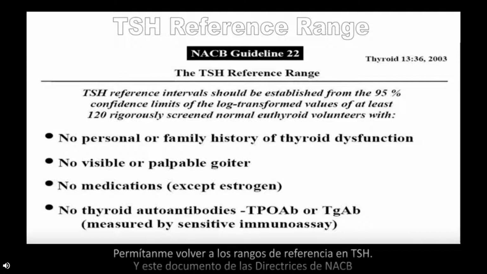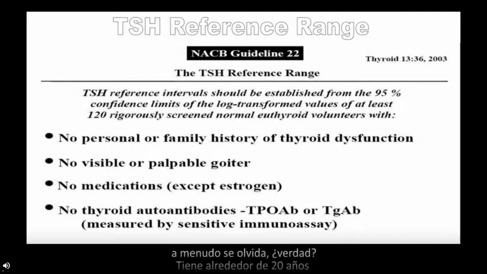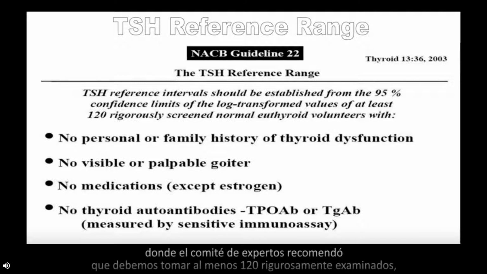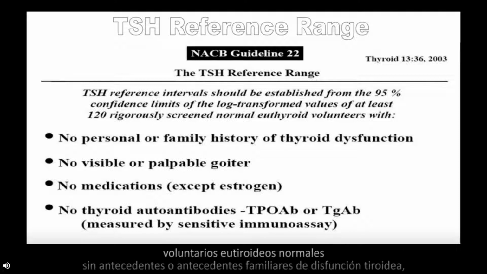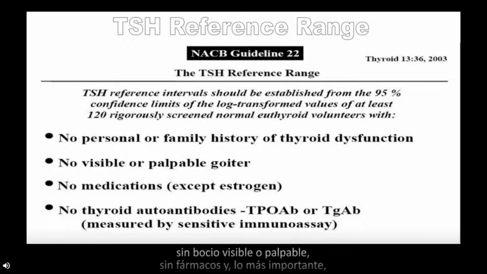Let me come back to reference ranges in TSH. This document from the NACB guidelines is often forgotten. It's a good close to 20 years now, where the expert committee recommended that we should take at least 120 rigorously screened normal euthyroid volunteers with no history or family history of thyroid dysfunction, no visible or palpable goiter, no medications, and most importantly, no thyroid autoantibodies, measured by a sensitive immunoassay.